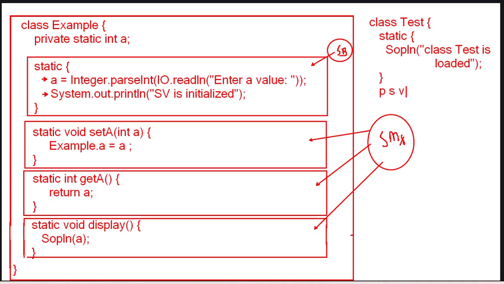public static void main(String[] args). I'm covering all points in a single program. I just call the method Example.display. Next, write System.out.println, double quotes, "Test main method".